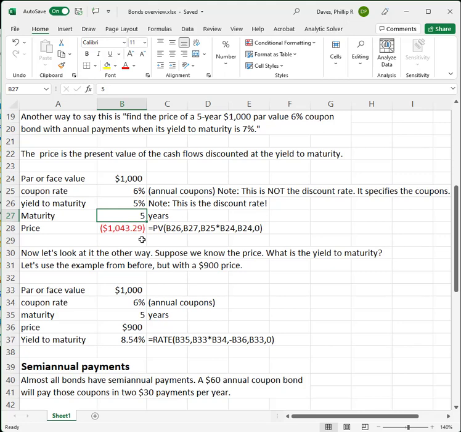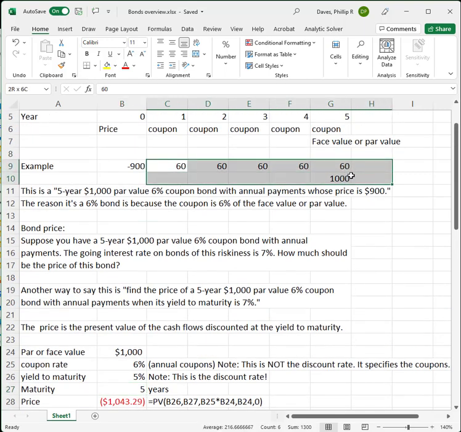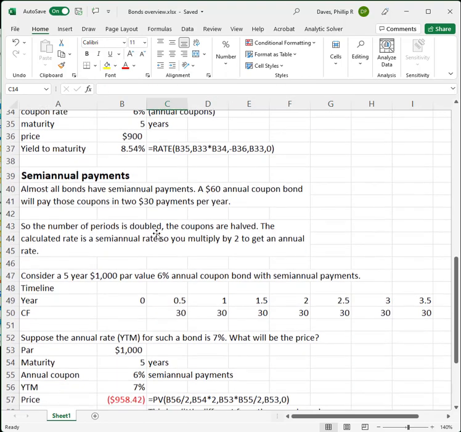And I'm going to say it the other way too. Bond prices go up when yields to maturity go down. Bond prices go down when yields to maturity go up. And for existing bonds, the coupon rates don't change. Once that bond is created and sold to investors, that coupon rate doesn't change, at least not for a fixed coupon bond.